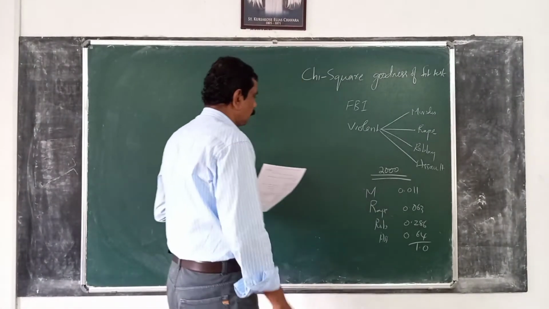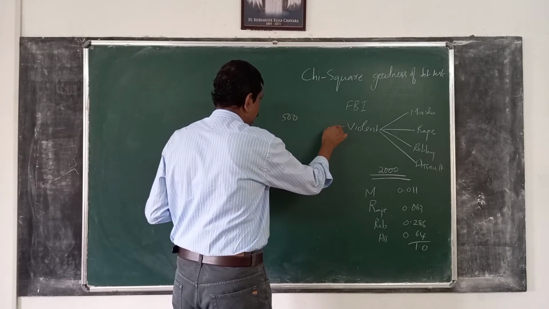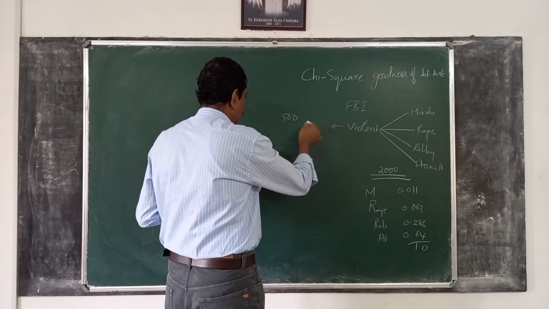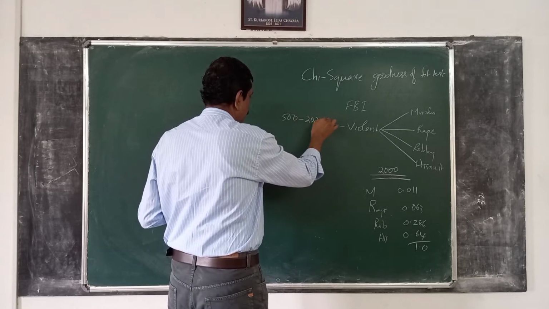Now, a random sample of 500 violent crimes was taken in the year, say, 2020.